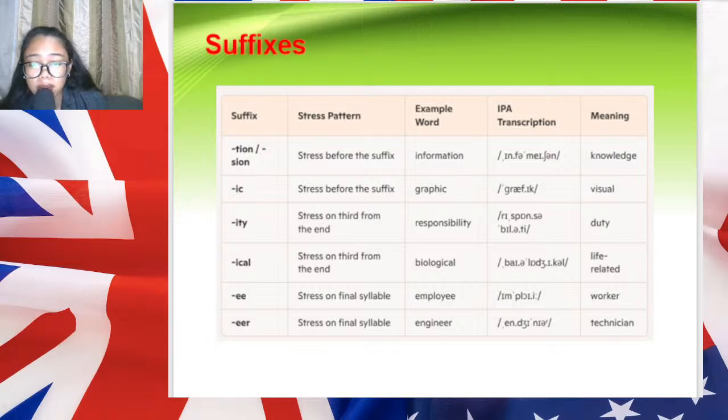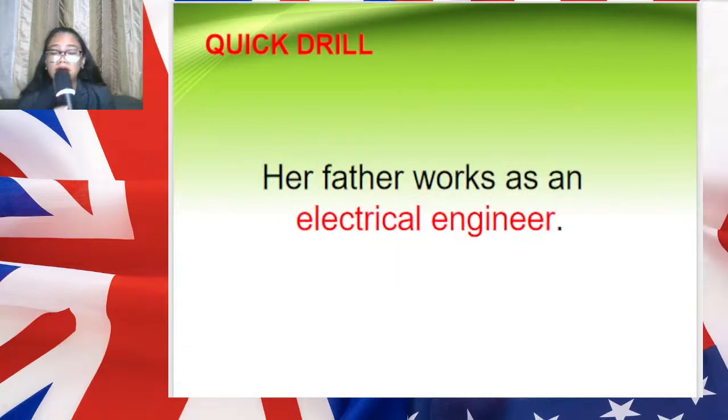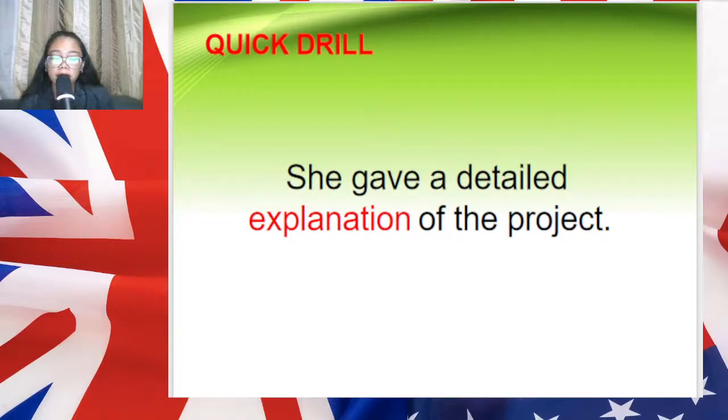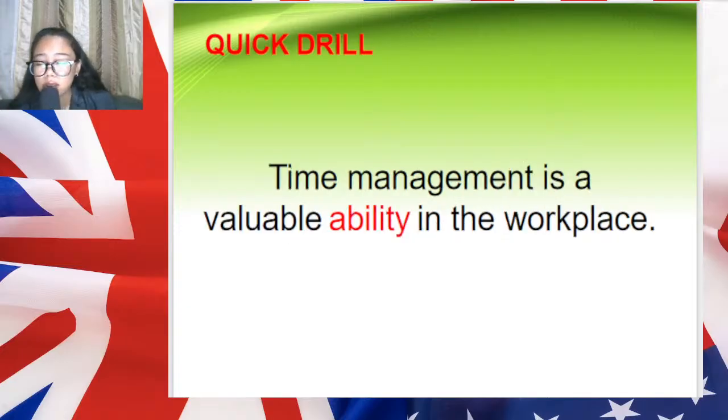It's stressed on the third syllable from the very end. So since there's ability in there, we stress the third syllable from the end. Ability has four syllables: a-bil-i-ty. So bil.